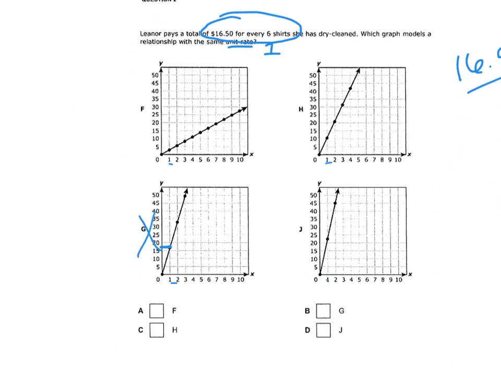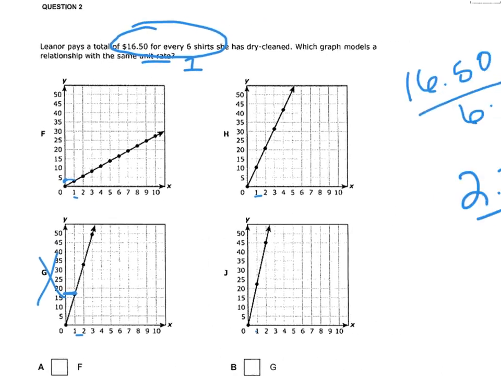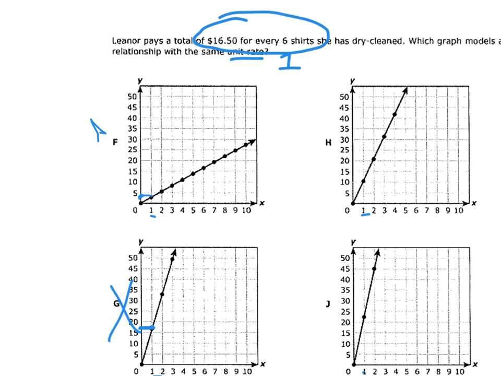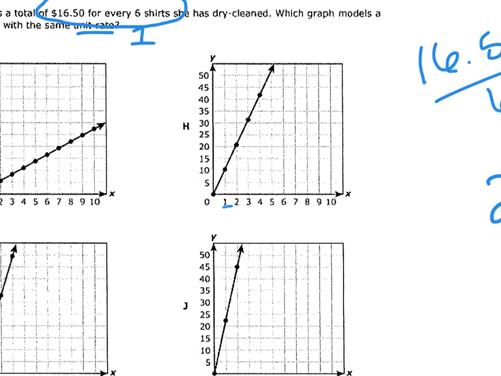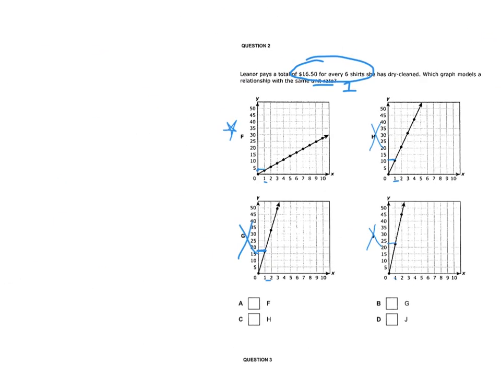So that would not work. G crosses about halfway to 5, so that might work because 2.75 would be a little over halfway, between 0 and 5. H, for 1 shirt, it crosses at 10. That does not work. J, for 1 shirt, it crosses at like 23.